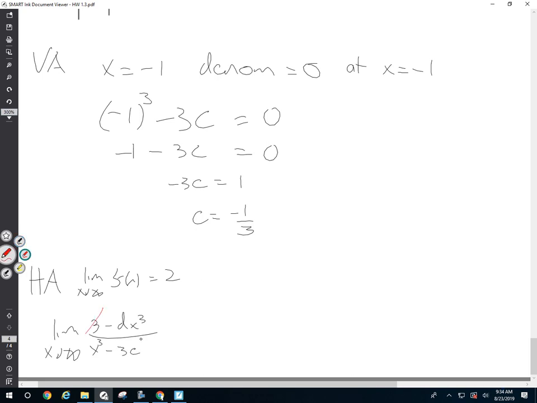Cancel. Cancel. Why? X cubed will grow and dominate what's going on here. X cubed will dominate here. The minus won't matter. This simplifies to just be negative d x cubed over x cubed or negative d. That's got to equal 2. That means d has got to equal -2.